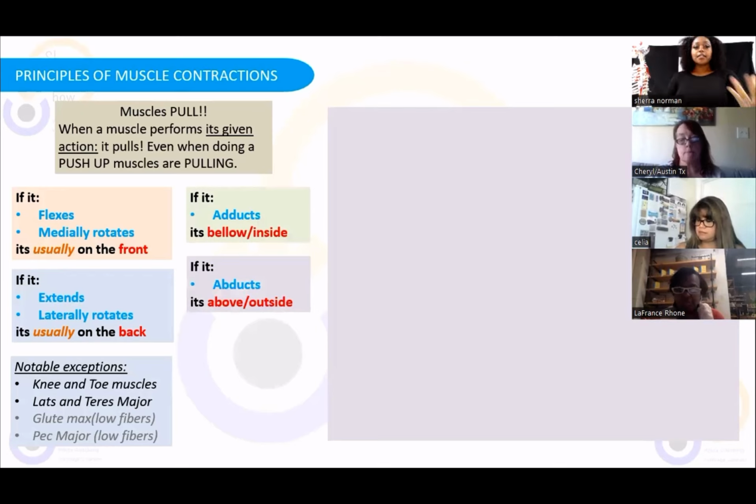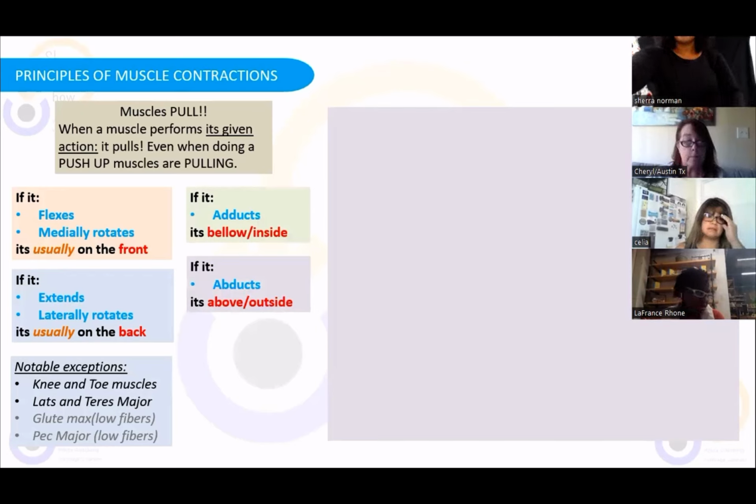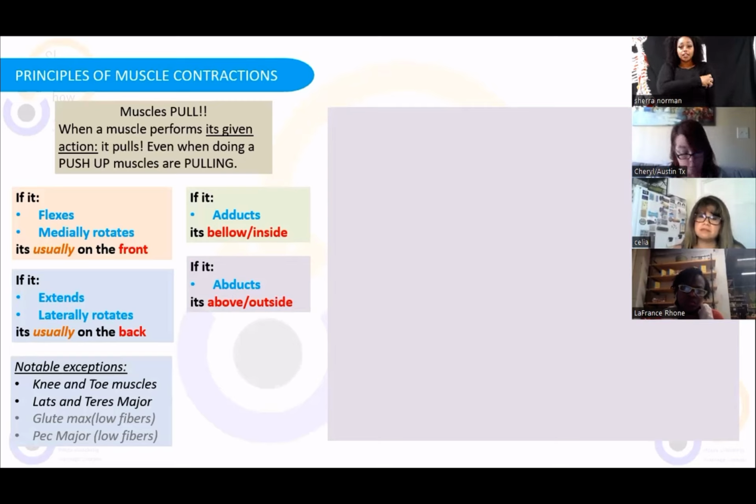And then that goes right into adduction and abduction. If you want to adduct a limb, the muscle has to be somewhere here so that it can shorten and pull it into adduction. If it's going to abduct a limb, it's got to be on the outside or up top in order to pull into abduction.